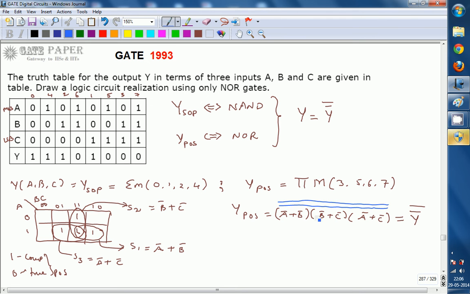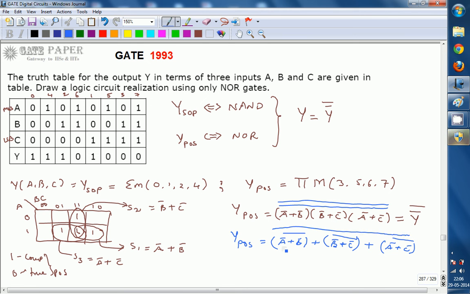For the inner complement, use De Morgan's law, so that you can write this as a bar plus b bar whole bar plus b bar plus c bar whole bar. This is one sum term, and the other is a bar plus c bar whole bar, and again the outer complement is going to be the same as it is.